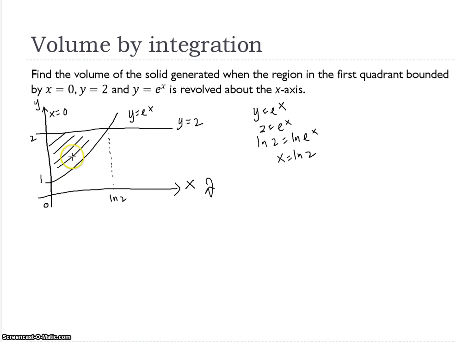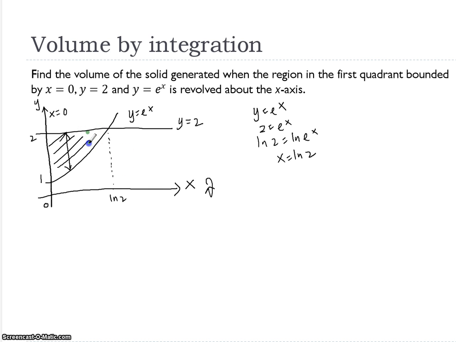Before that, we need to know that there's an outer radius and inner radius because we want to rotate this region about the x-axis. So I have to find the radius here. We need to identify the outer radius and the inner radius from the axis of rotation.